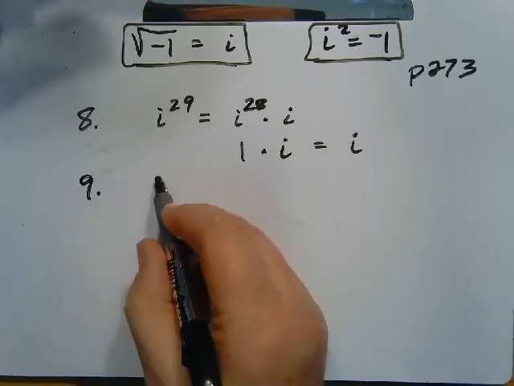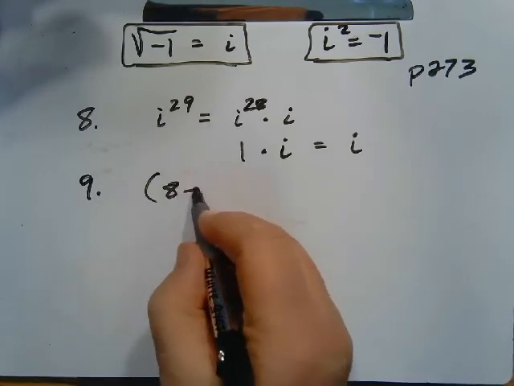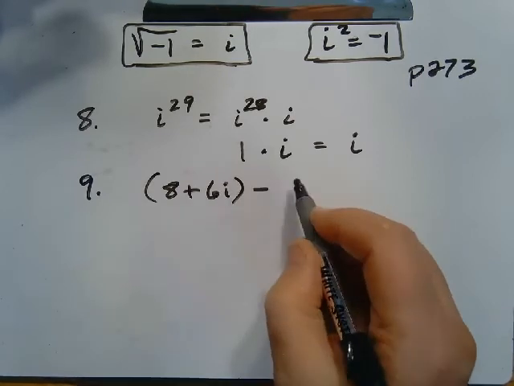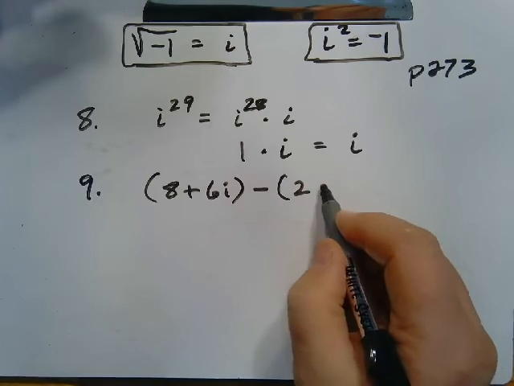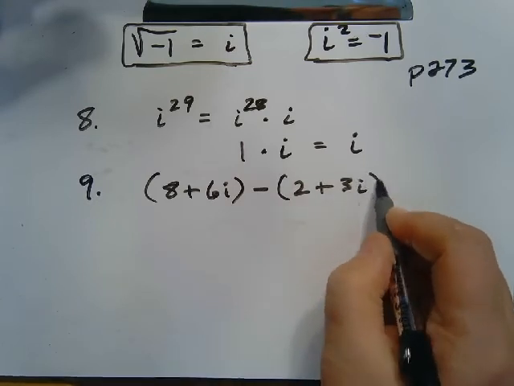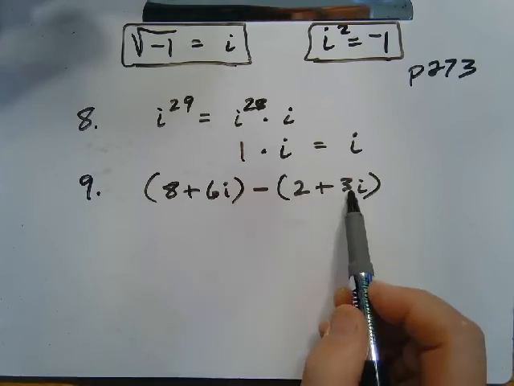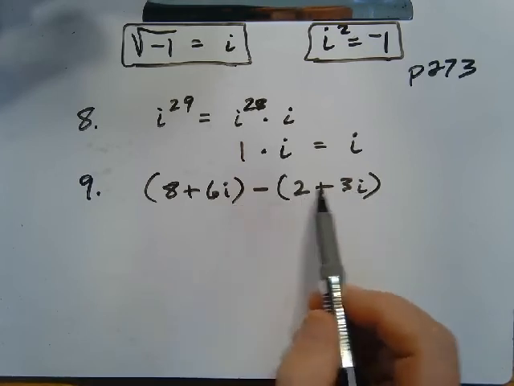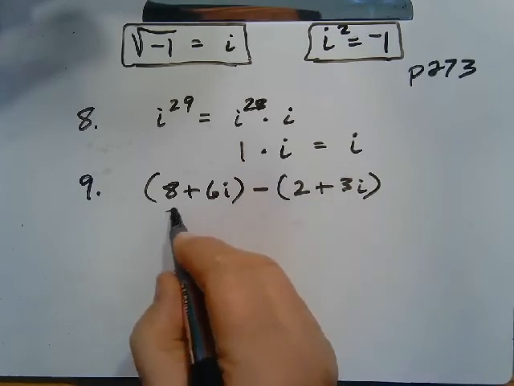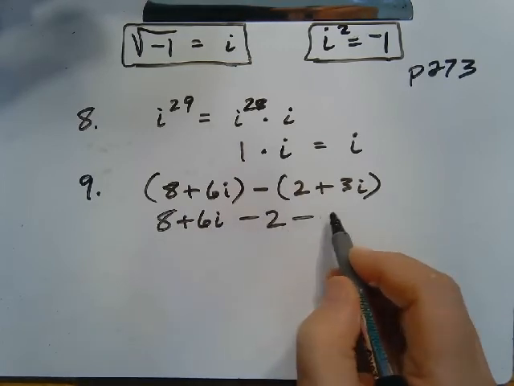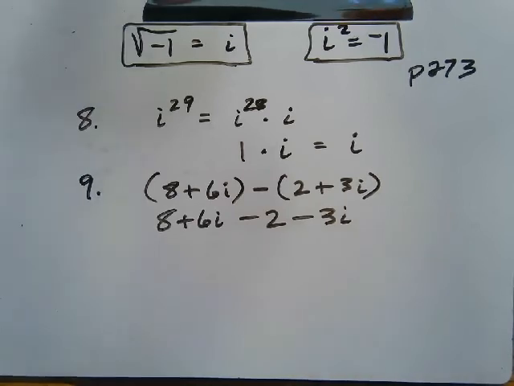Number 9. Here we got a problem that involves complex numbers, there's an i there, and subtraction. Now, this is one of the first problems I did for you. Here the real parts are, and here are the imaginary parts with the i in them. I've got to distribute this negative in first, so I'm going to do that. Get rid of these parentheses. Don't forget you got to distribute it into both parts there.